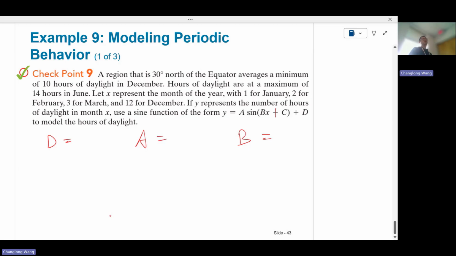Again, the bottom line is you guys need to figure out at least those 3 parameters. Right? Then, if you have time, just give it a try for the letter C.